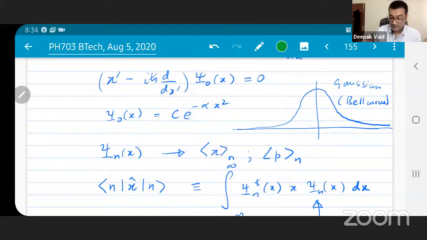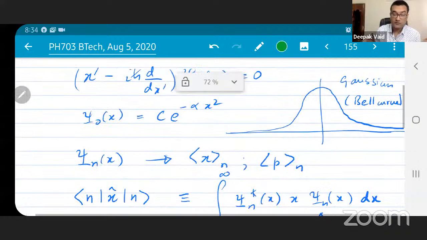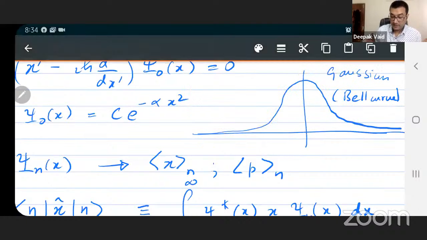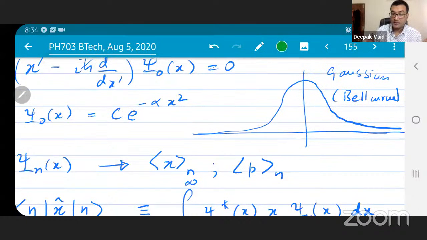Well, you can look at the form of this bell curve, right? And you can see that if you calculate the average value of x, you will get 0. But if you calculate the average value of x squared, you will not get 0. You will get something positive.